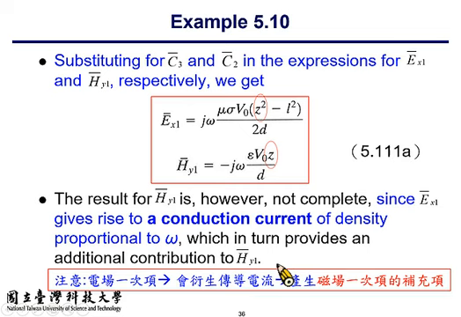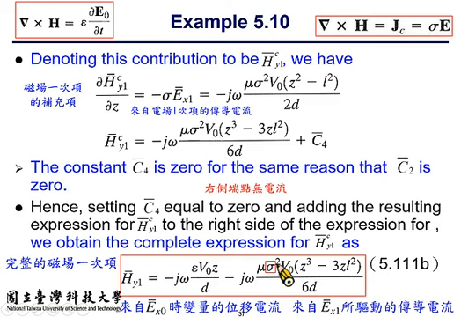It's a supplement term for the first order magnetic field. So in this slide, you see we have the derivation of HY1C due to the presence of EX1. It's a conducting current.